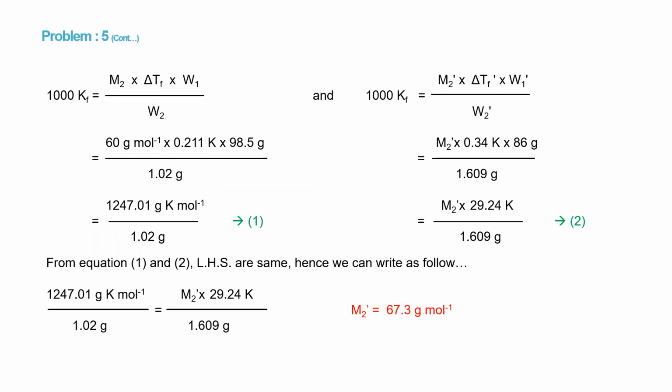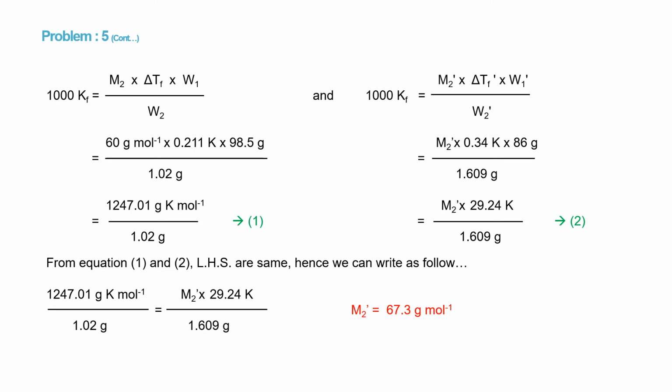For urea, 1000 into Kf is equal to M2 which is 60 gram per mole, delta Tf for urea is 0.211, into 98.5 gram upon 1.02. So now you get one answer, that is 1247.01 gram Kelvin per mole upon 1.02.